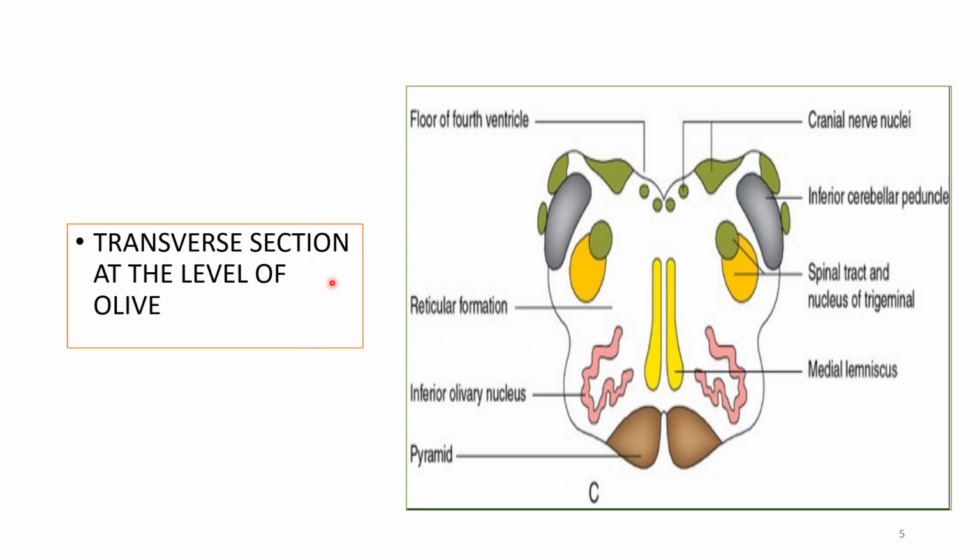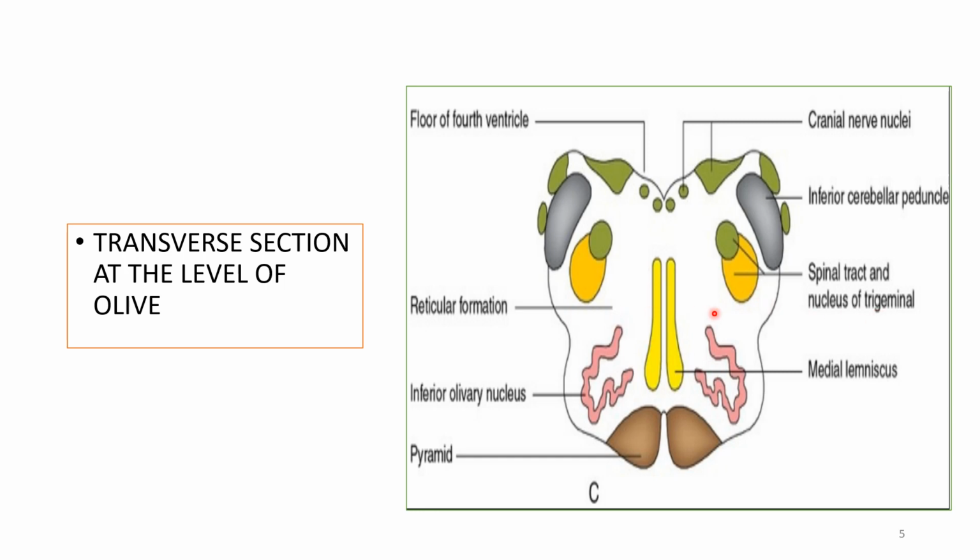Then comes the transverse section at the level of olives. So if you take the transverse section of the medulla oblongata at the level of the olive, you can see all these structures. So these are the cranial nerve nuclei. Okay. And this is the inferior cerebellar peduncle which connects the medulla oblongata to the cerebellum. And this is the spinal tract and nucleus of the trigeminal nerve.